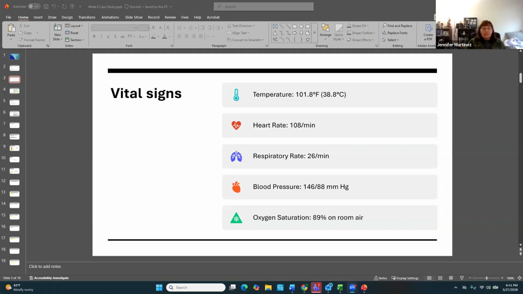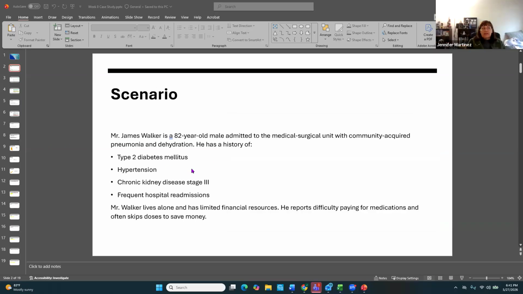High respiratory rate and high heart rate. The blood pressure is elevated too. And he's got a fever. Remember, he's got a history of hypertension, but he skips doses to save money. It doesn't say which medications.